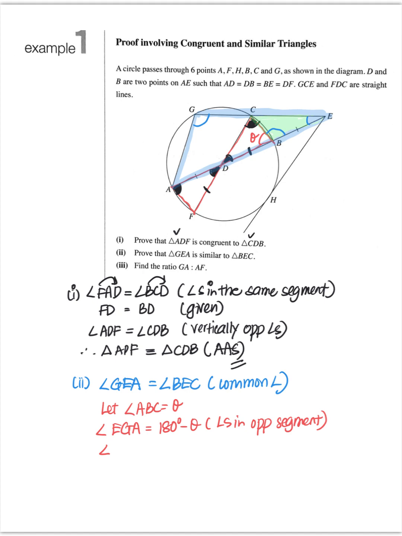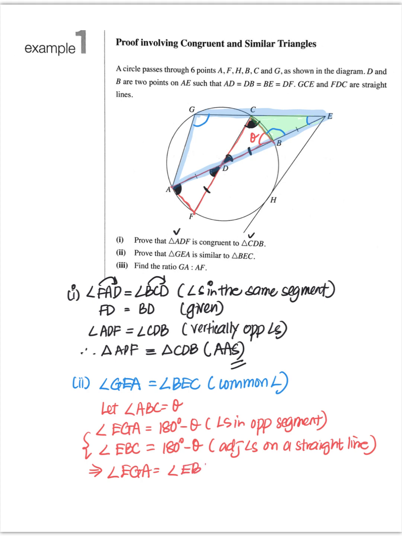Then angle EGA, yeah? So it's EBC. It's also equal to 180 minus theta, but the reason is different. This will be adjacent angles on a straight line. Okay, so these two mean that angle EGA is equal to angle EBC.